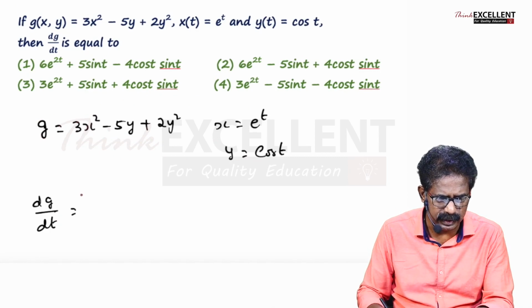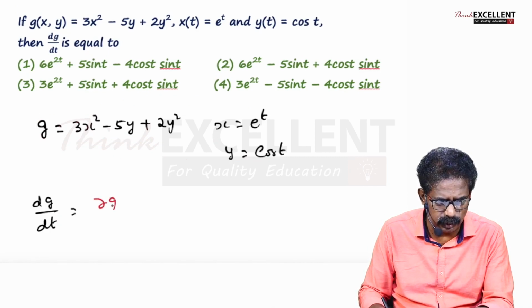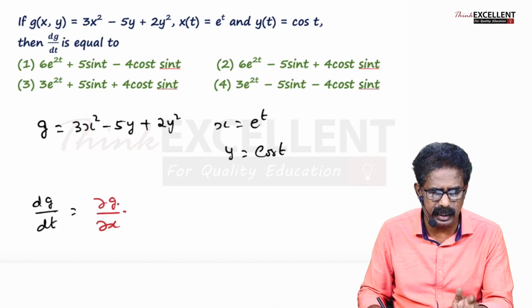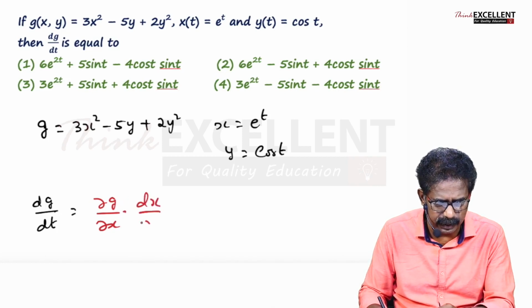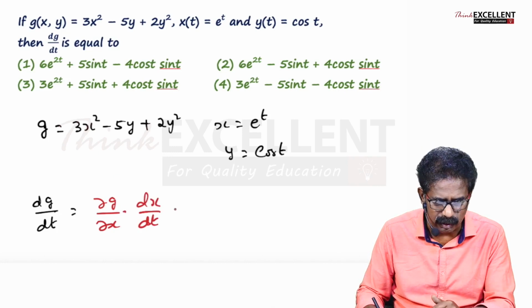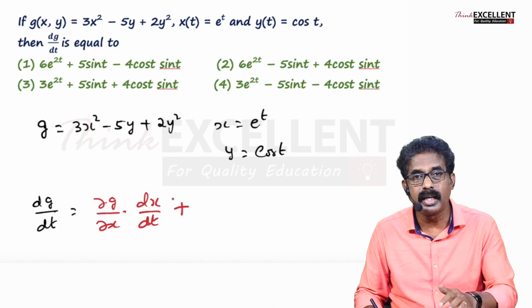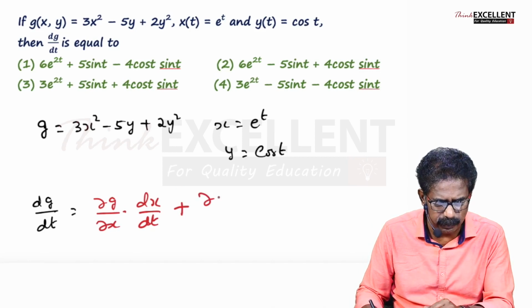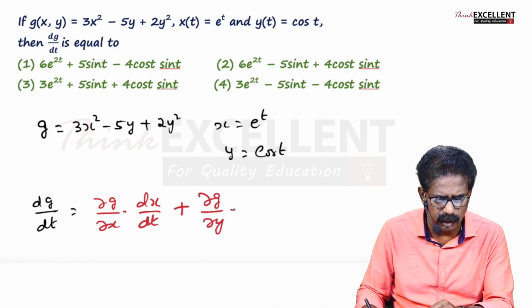So dou g by dou x, g to x, and multiplication, x to t, dx by dt. g to x, x to t, 'or' means plus. g to y, then y to t. Hope you understood.